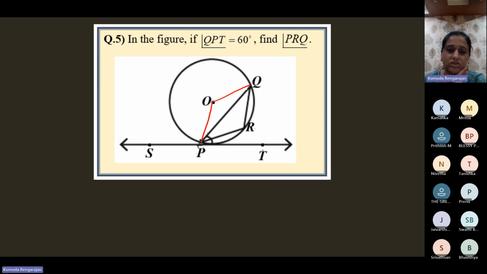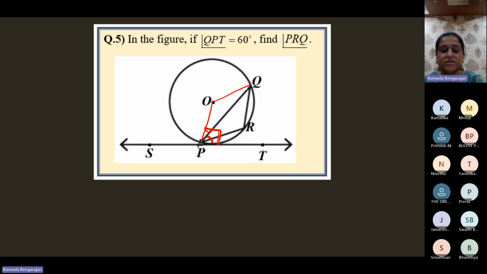Children, we know from the radius to the tangent is 90 degrees. Now, can you see this angle is 60 degrees? So that means this is 30, because we know radius is perpendicular to tangent. OP is a radius.